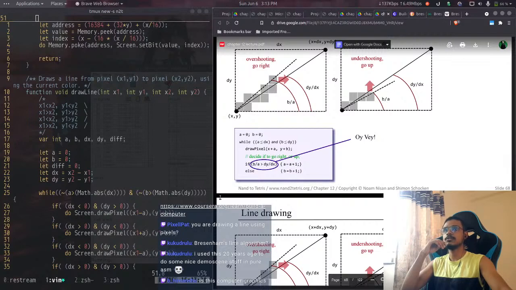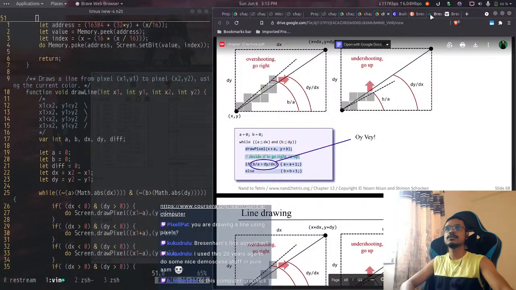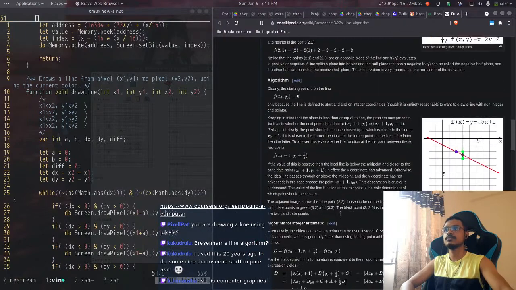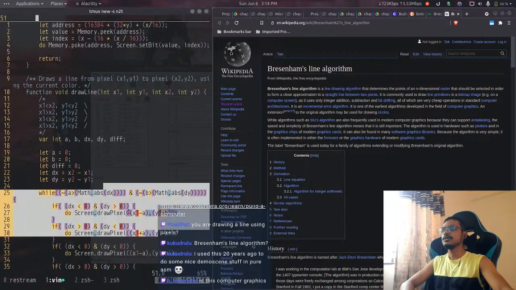So I'm trying to figure out how to generalize this algorithm to draw all kinds of slant lines, like this one, this line, this line, and this line, for all kinds of gradients. And I just found out that this algorithm that they have provided is Bresenham's algorithm. Do you know anything about this? I could use help.